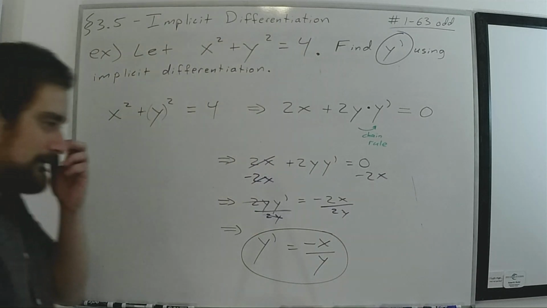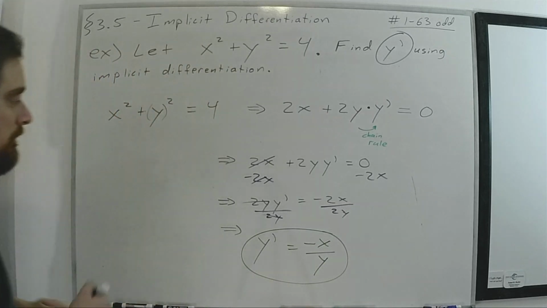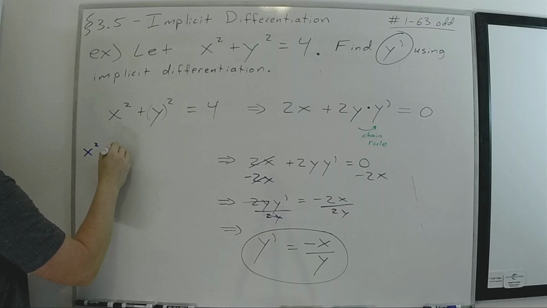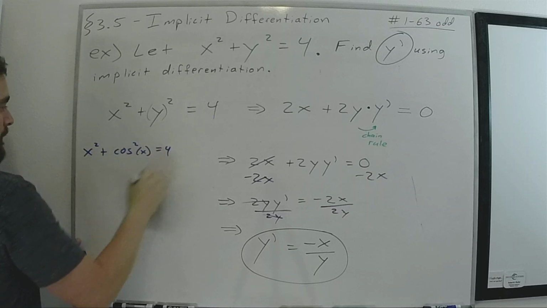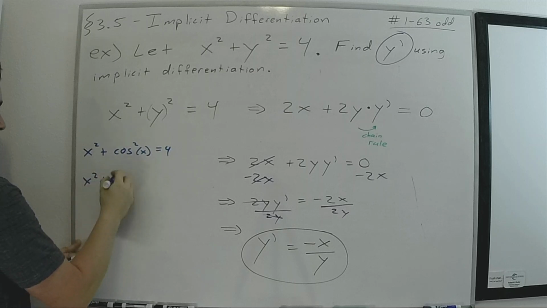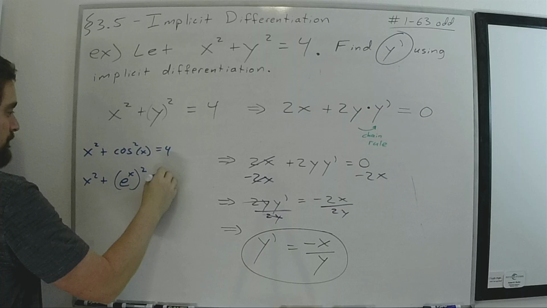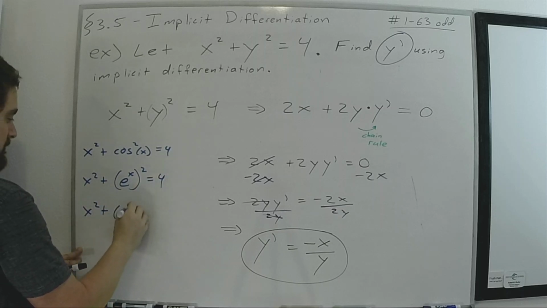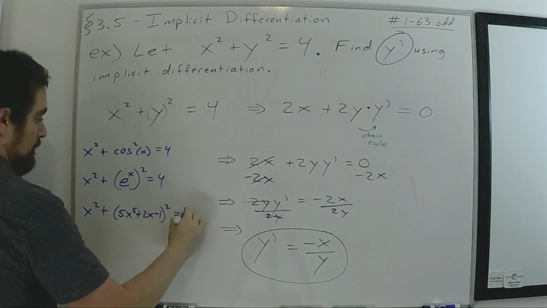So now you can see that this is a much more general strategy for attacking functions that could be like x squared plus cosine squared of x equals 4, or x squared plus e to the x squared equals 4, or x squared plus the quantity 5x to the 5th plus 2x minus 1 squared equals 4.